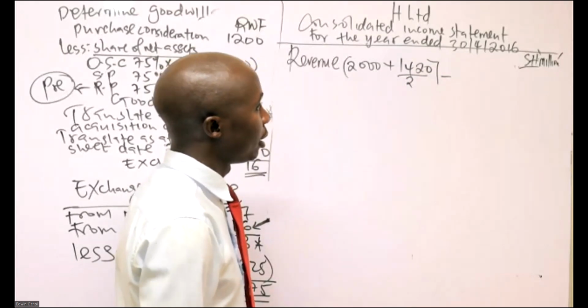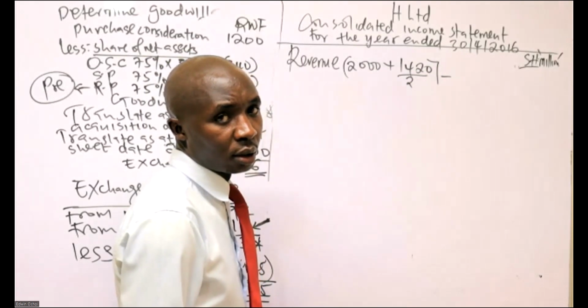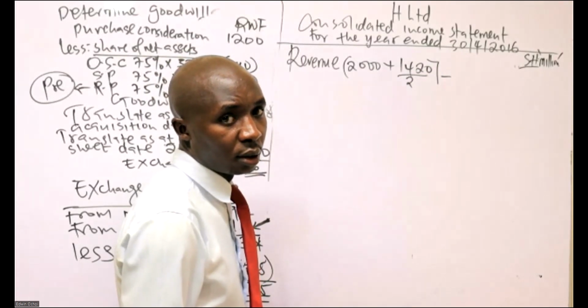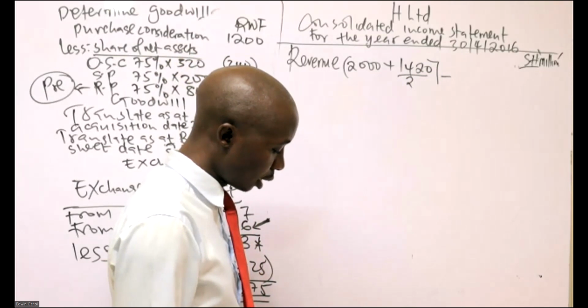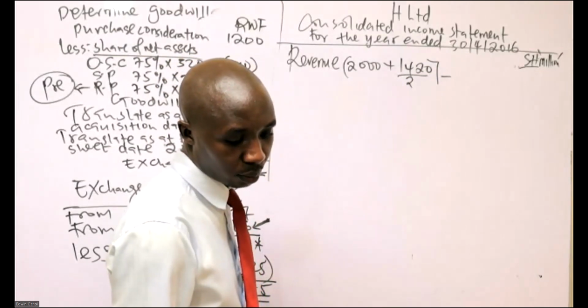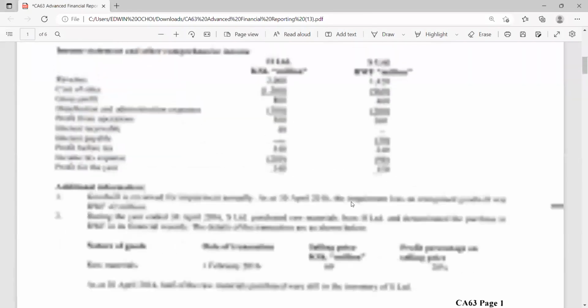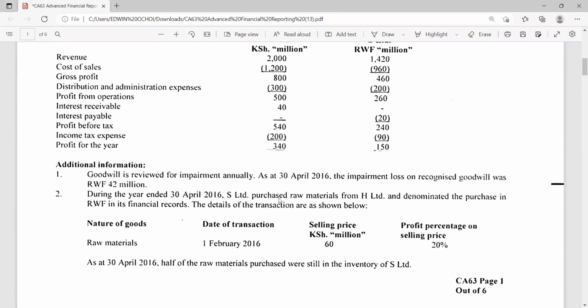Then you adjust. You know revenue, you adjust what? You minus what? Intergroup sales. Intergroup sales between H and S is not 2, it is 60. Yes, those raw materials which were sold: during the year ended 30th April 2016, S purchased raw materials.